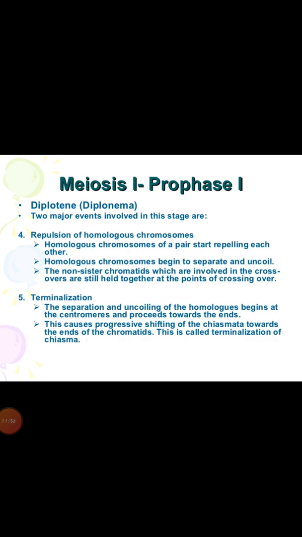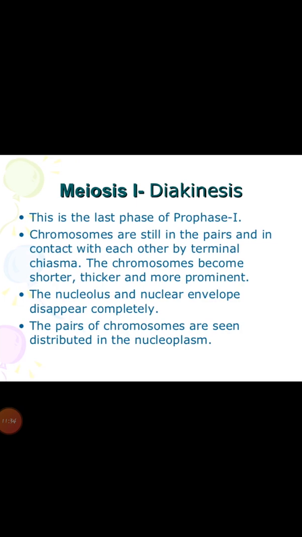Then next is diakinesis, the last phase of prophase first. Chromosomes are still in pairs and in contact with each other by terminal chiasmata. The chromosomes become shorter, thicker and more prominent.